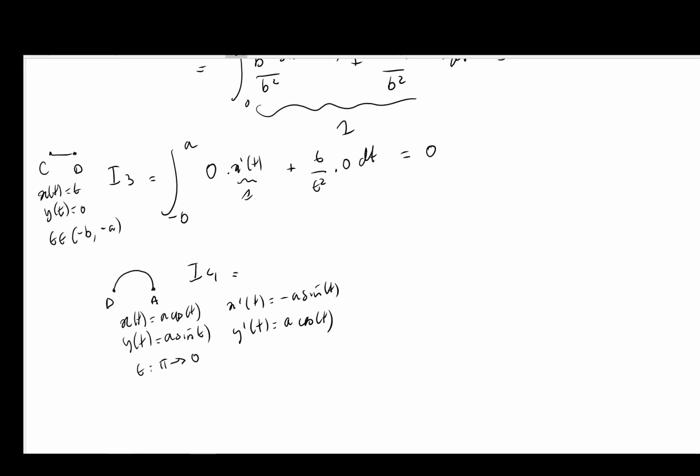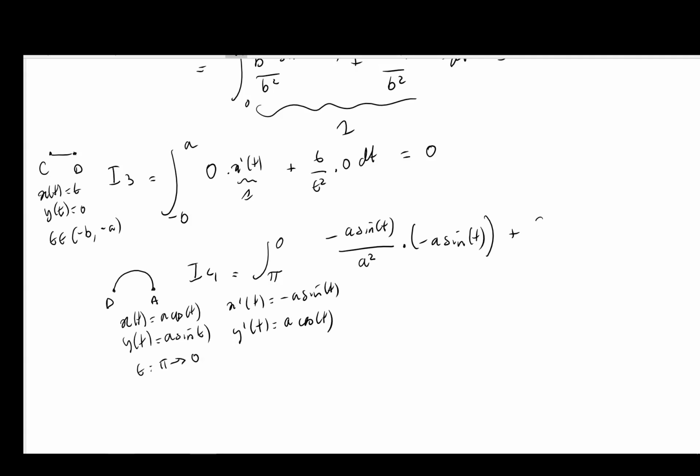Okay, so assuming you have gotten some results, you should get something like the integral. We said t goes from pi to 0, so I should keep that order for my bounds. And we get minus y, so minus a sine of t divided by x squared plus y squared, times x prime, so minus a sine of t, plus the Q component of my vector field, which is x.